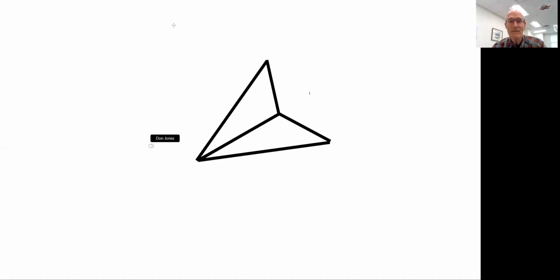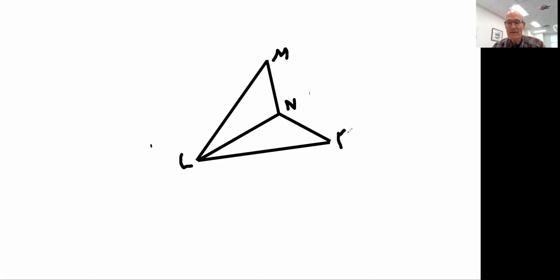If I set this up, this is going to be L here, this is going to be M, this is going to be N, and this is going to be P.